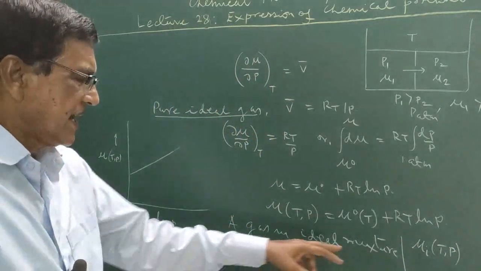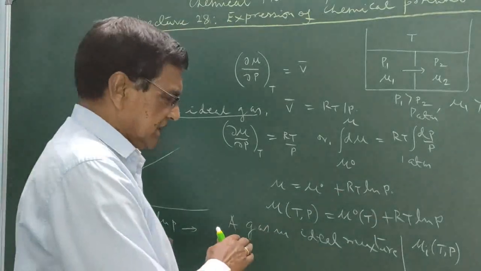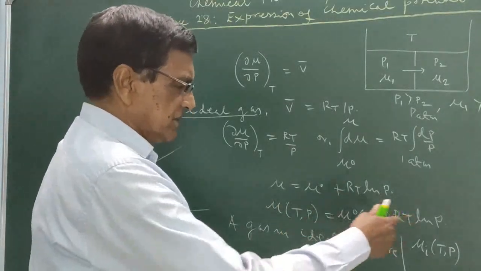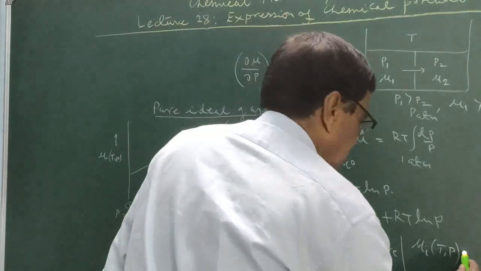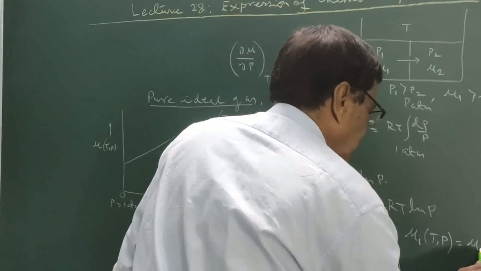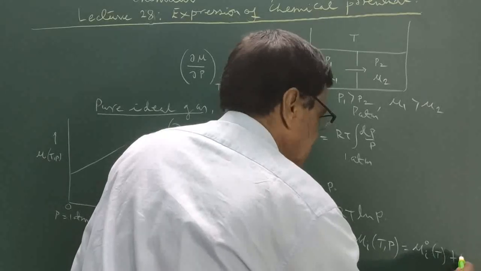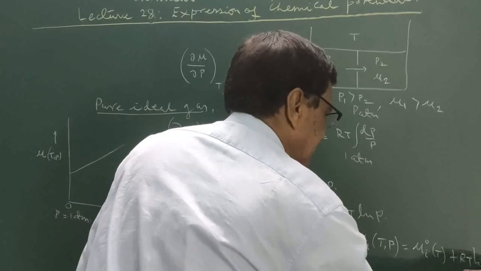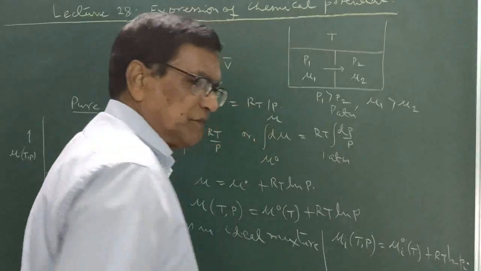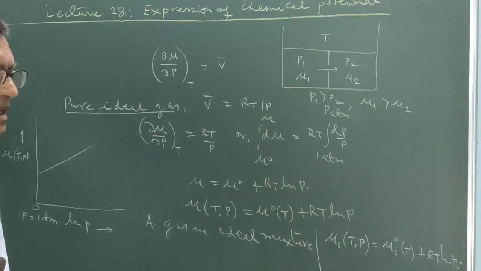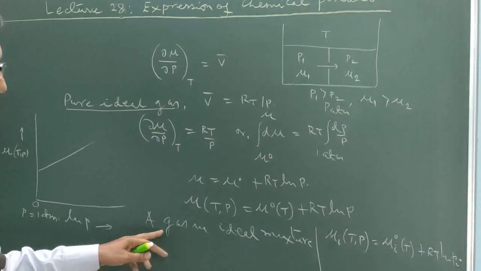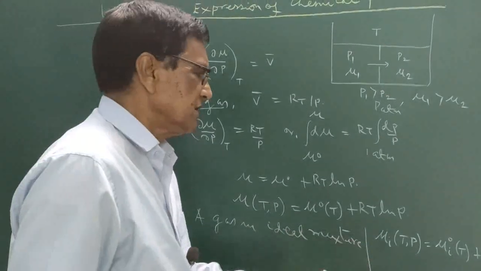Suppose this gas is the ith component remaining in a mixture. This will be equal to mu i naught at temperature T plus RT ln Pi, where Pi is the partial pressure of the ith component of the gas in this mixture.